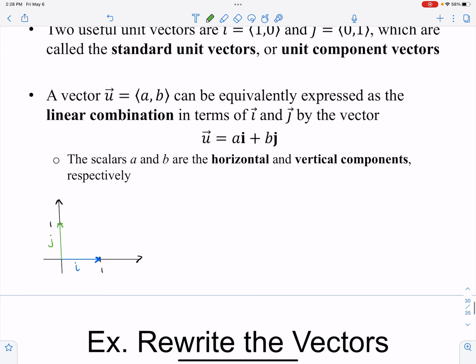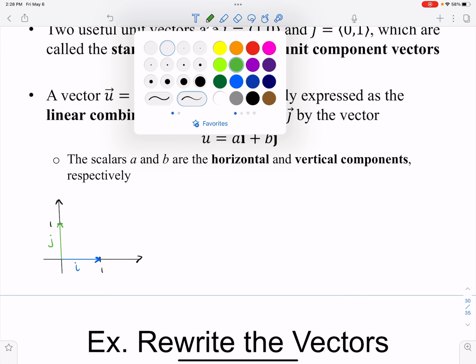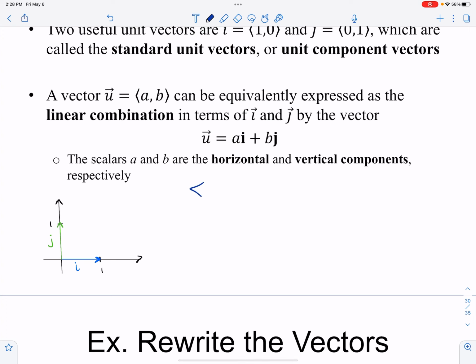So to show you why this works, if we think about starting with the vector a, comma, b, that can also be written as the sum of two vectors.